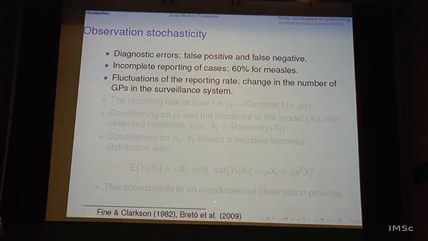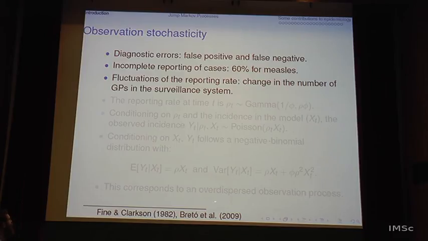So we might want to consider underreporting, for instance, if you want to model measles. And also the reporting rate, for instance 60%, might change over time depending on how your surveillance system behaves, if it's closed on the weekend, for instance, or if at a certain point of the year it is more active than others.